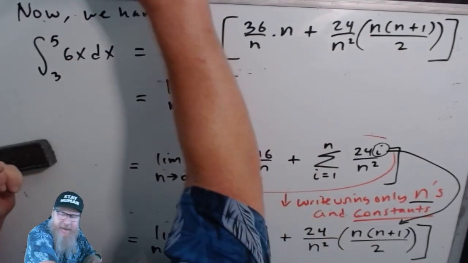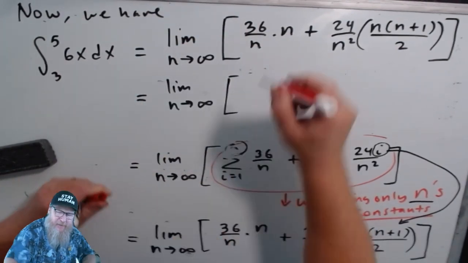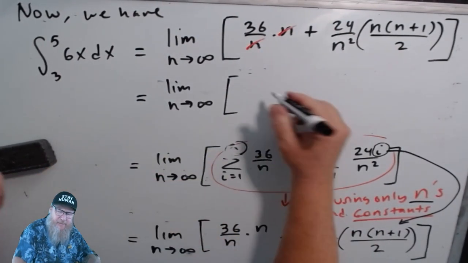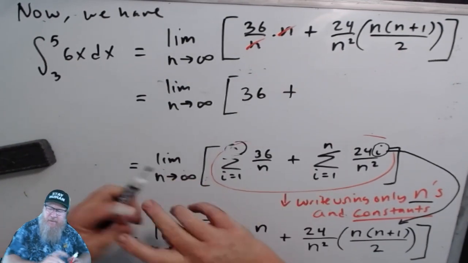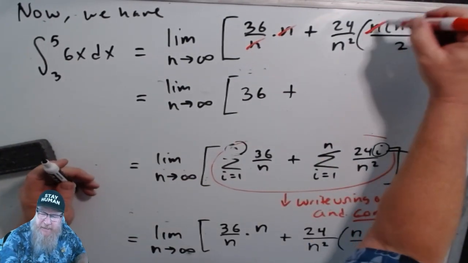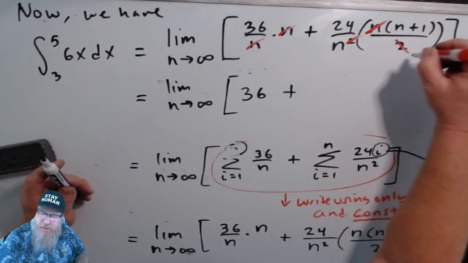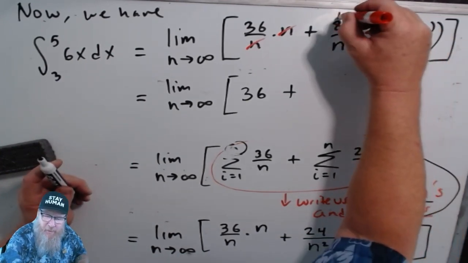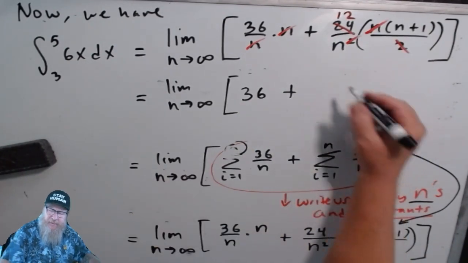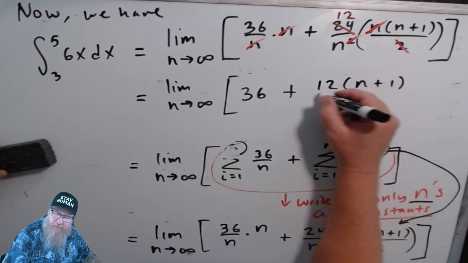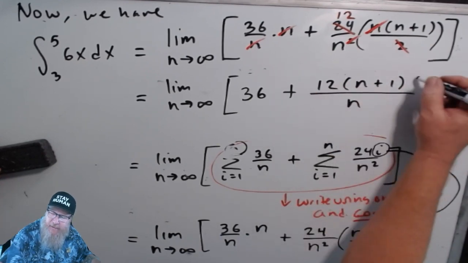These n's will cancel. Let's do a bunch of canceling here. So you're just going to get 36. This n will cancel one of these n's. And this 2 will cancel the 24 and give you 12. So you're going to get 12 times n plus 1 over n.